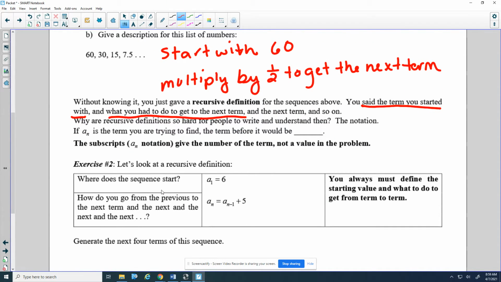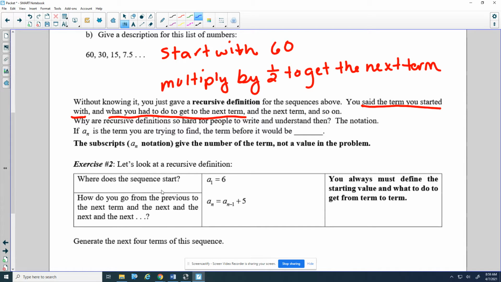So why are recursive definitions so hard for people? As soon as we throw in notation, they get hard to look at and hard to think about. So that's why I always start with these baby steps. A 4th grader could do this, right? And then we'll throw in the notation and it won't be so bad.